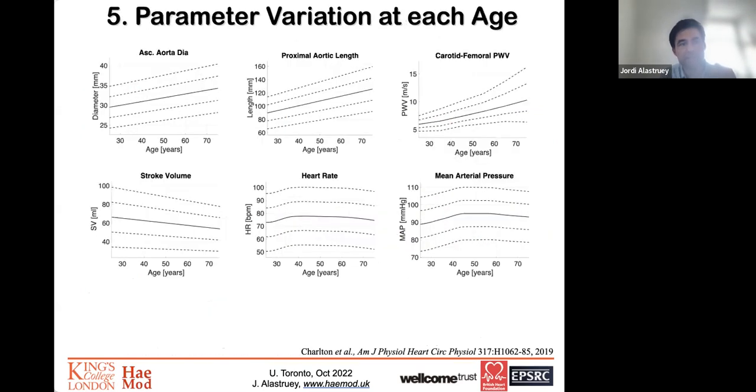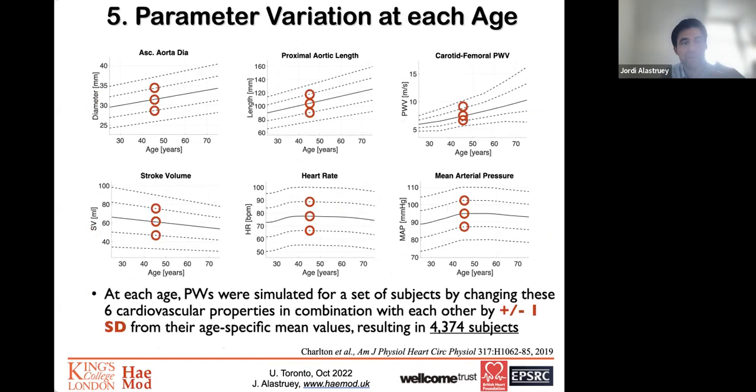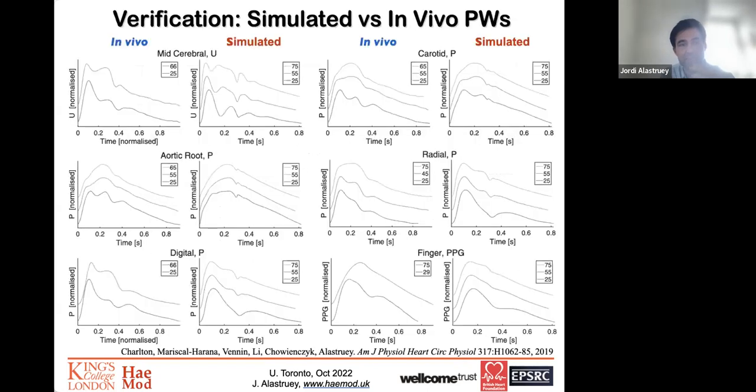And in the final step, the 6 parameters previously identified as having a strong influence on pulse wave were varied at each age decade in combination with each other by plus or minus 1 standard deviation from their age-specific mean values. So this resulted in 3 to the power of 6, which is about 730 subjects at each age, and a total of over 4,000 subjects in the data set.